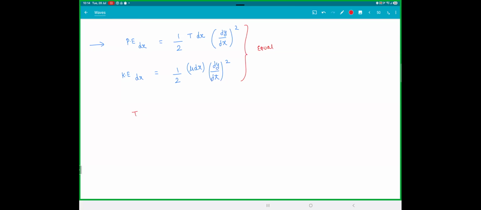So that means we can write the total energy as potential energy plus kinetic energy, which is 2 times the kinetic energy of a dx. This is the total energy of a small segment dx.